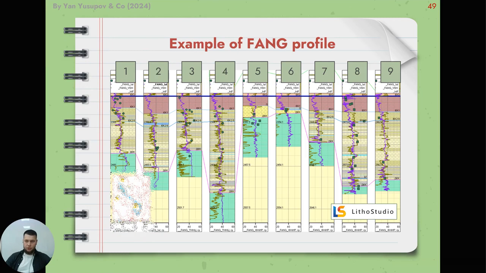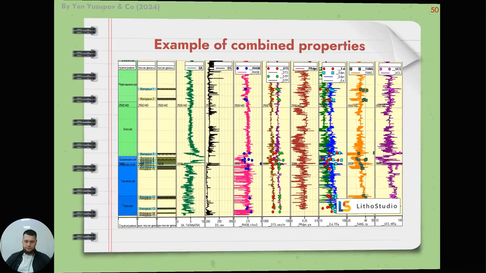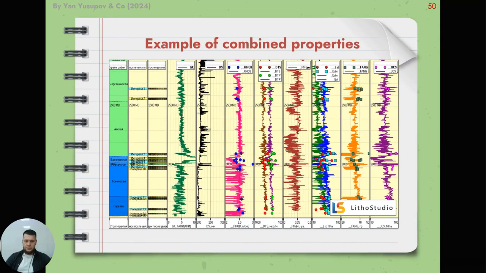On this picture, you may see the distribution of friction angle on wells for the same cross section that I showed you in previous slides. On this slide is represented an example of combined properties.